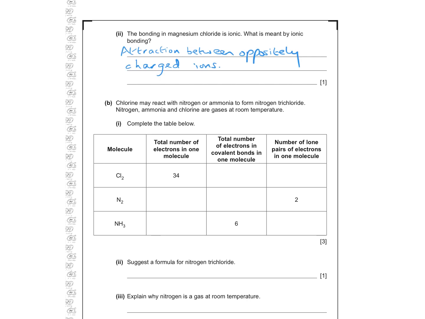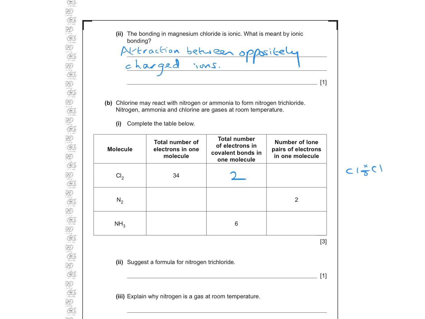Let's see now. I have to do chlorine molecule, the total number of electrons in covalent bonds in one molecule. Well, chlorine is Cl2. This line represents a covalent bond, which is the sharing of a pair of electrons. So there'd be 2 electrons here in one molecule. And then the number of lone pairs in one molecule, well, each of the chlorine atoms has 7 electrons in its outer shell.